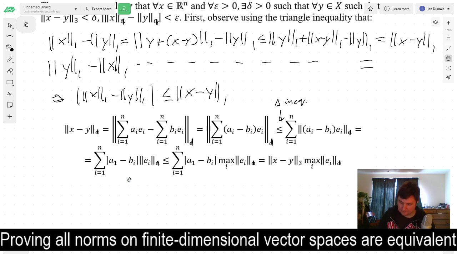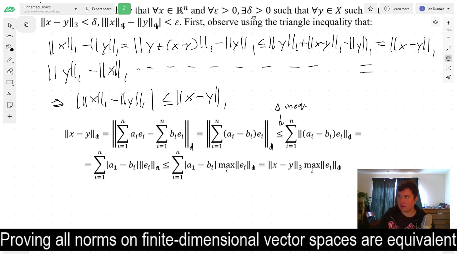Now, we're just looking for a restriction. This delta is just a restriction we're looking for. So we're going to say, whatever the longest basis vector is in this norm, if we switch in the biggest number for all of the lengths of the basis vectors, then we'll get something bigger.